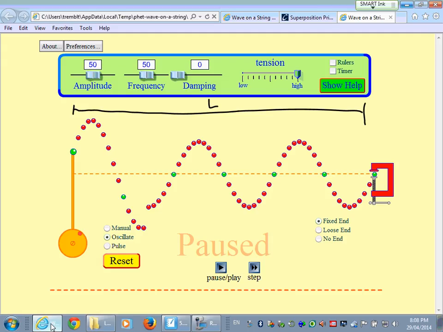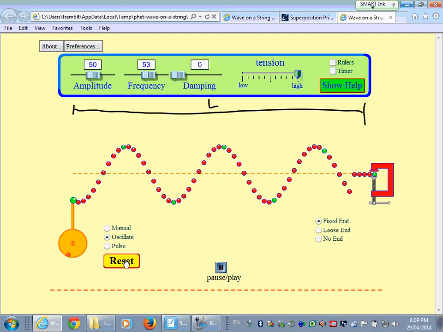So notice that we have a very particular shape for our standing wave. It basically looks like an individual wave at times. Let me see if I can just fiddle around with this frequency just a little bit and see if we can get a better standing wave here.